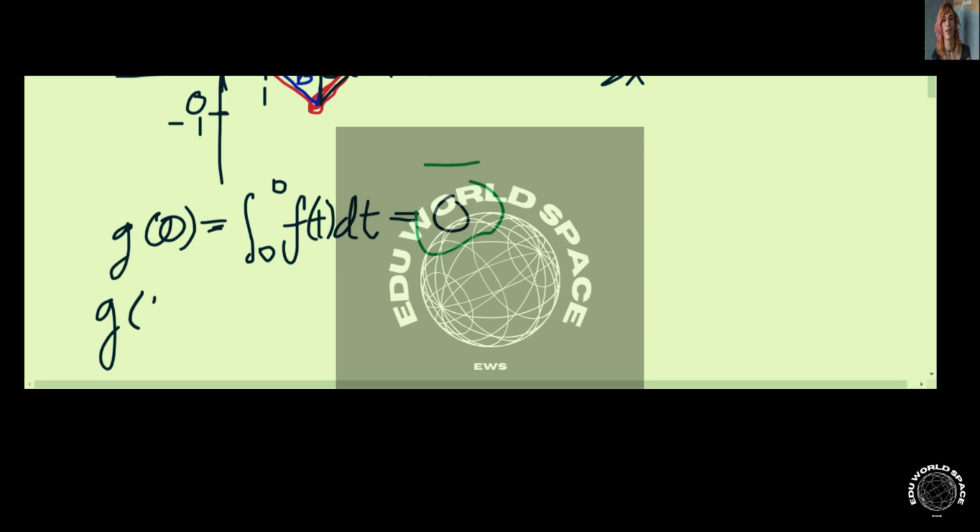Now, g of 1, this is by definition the integral from 0 to 1 of f of t.